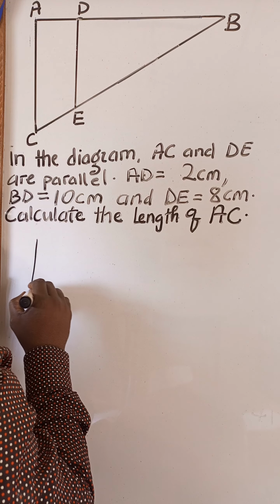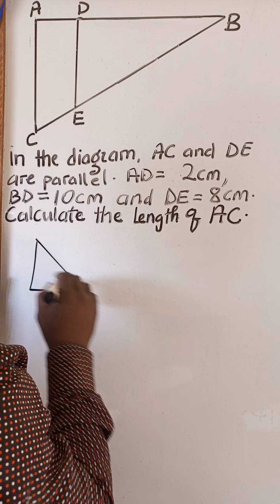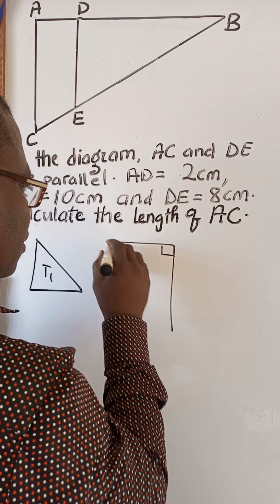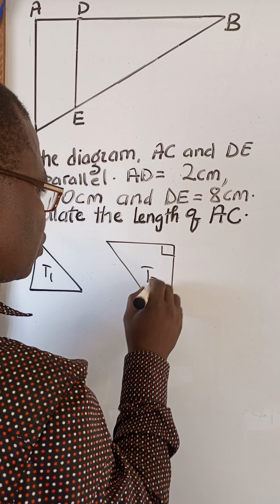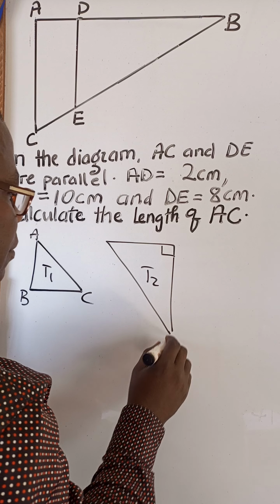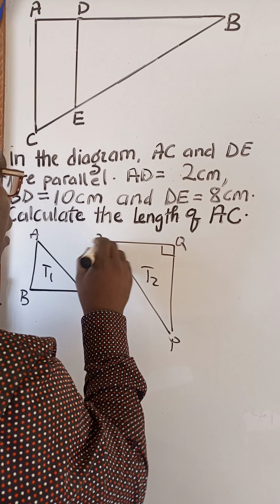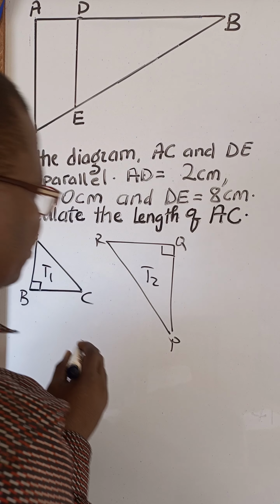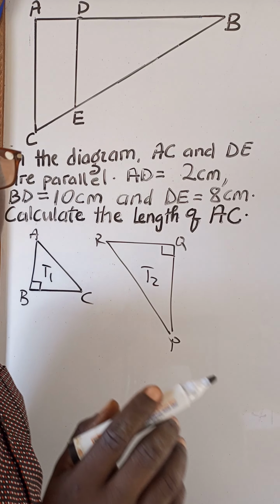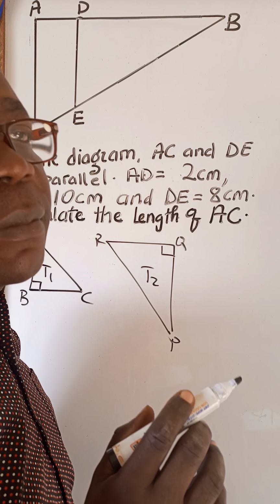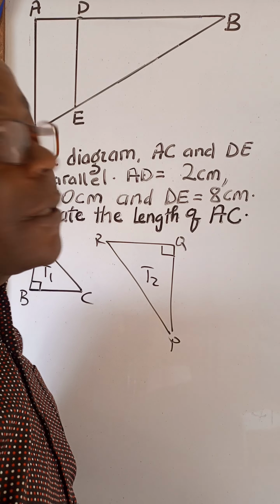If we have two triangles, T1 and T2, let's call the sides A, B, C and P, Q, R. This triangle is a right angle triangle, and this one is a right angle triangle. Two plane figures are said to be similar in mathematics if they have the same shape, irrespective of their sizes.